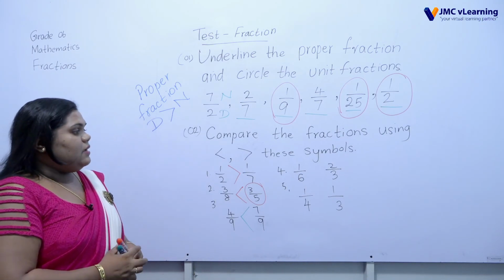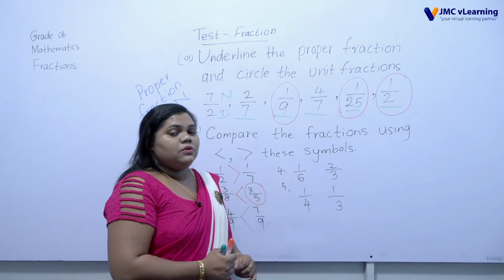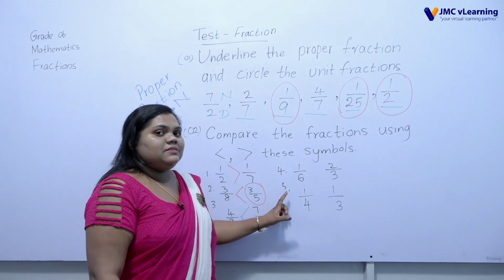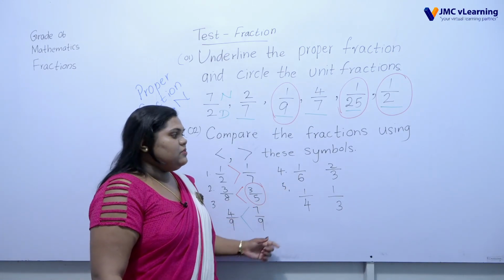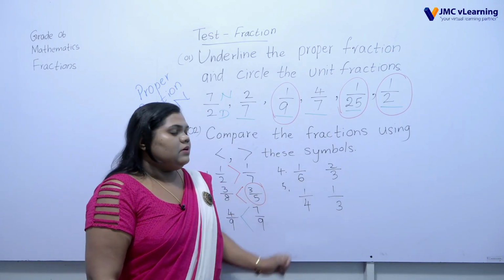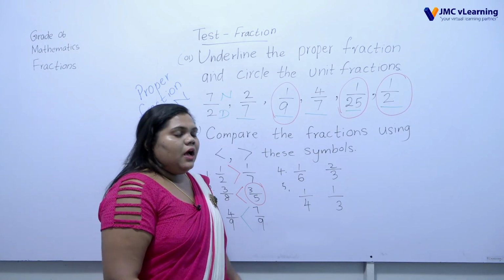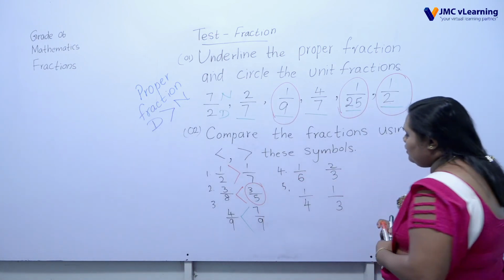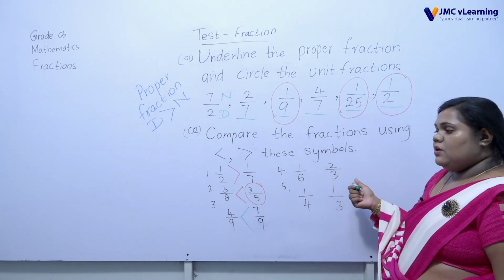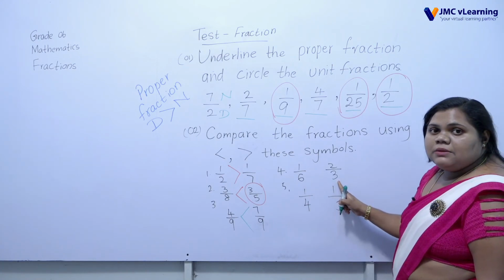Okay, children. Next. Now this one. 1 out of 6 and 2 out of 3. Now this is a little bit different, not like the previous ones. So we have to solve this. We want to get a common denominator. For this 3, we want to convert it to 6, because 6 is a multiple of 3.